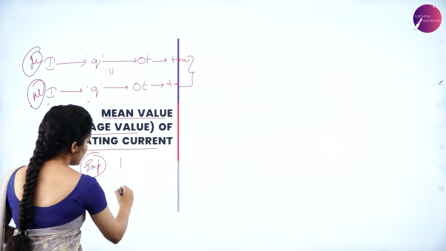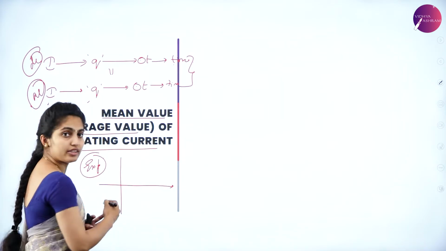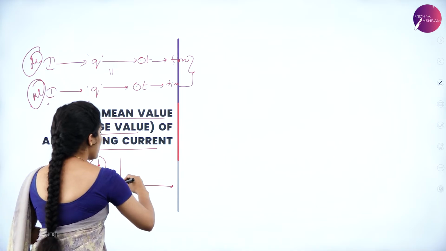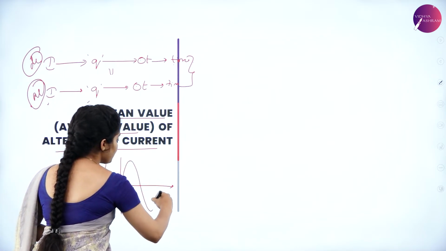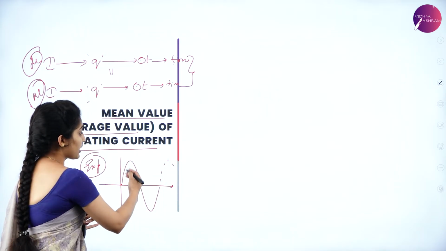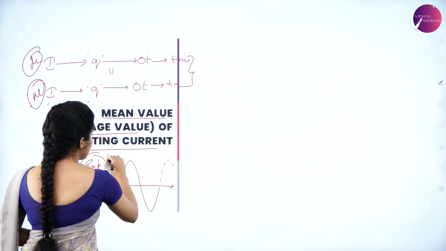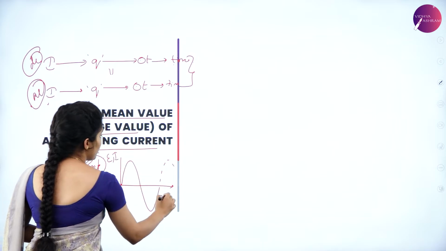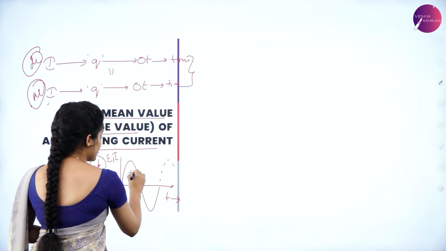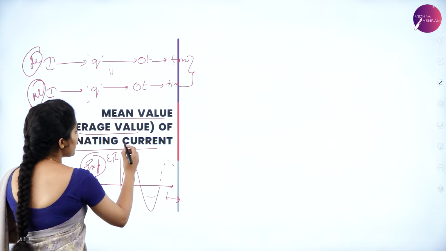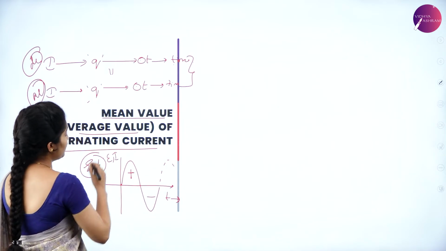That means you have a graphical representation in this manner, a wave diagram like this, which is the graphical representation of this alternating current, and this shows EMF or current. Here is the time interval, with the positive curve and negative curve, and this is the direction shown.